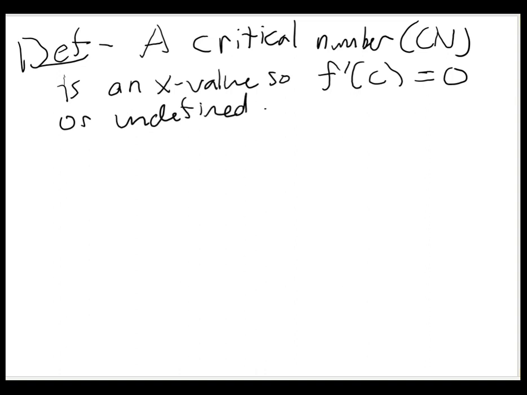Now note there might be critical numbers that aren't maximums or minimums, but from Fermat's theorem, if you have a maximum or minimum, its x value needs to be a critical number.